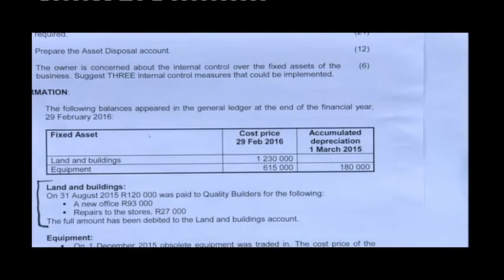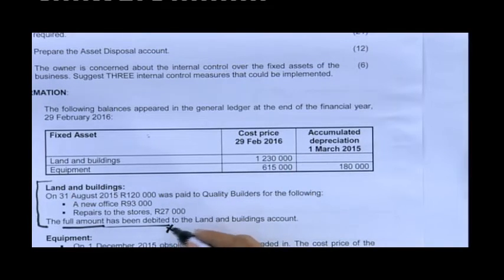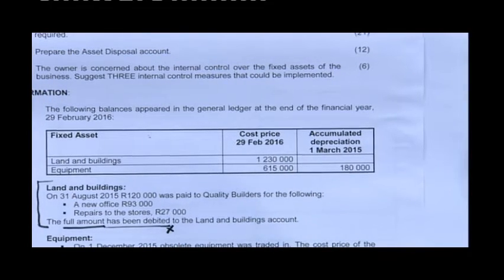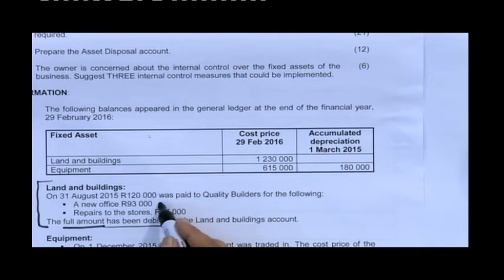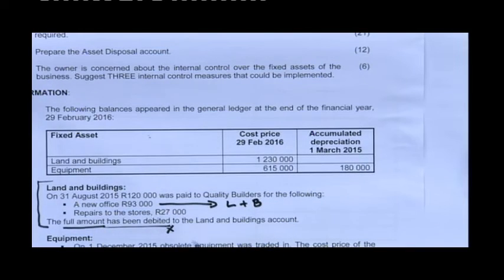Then it says the full amount had been debited. In other words, the whole 120,000 has been debited to land and buildings. That is where the business made a mistake, because only the 93,000 had to go to land and buildings and not the repairs.